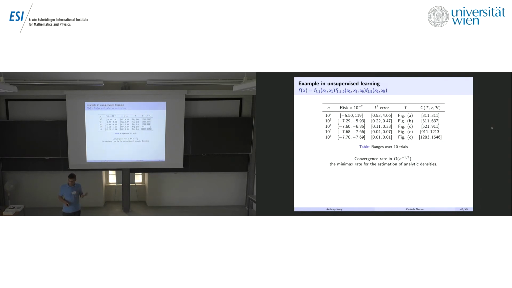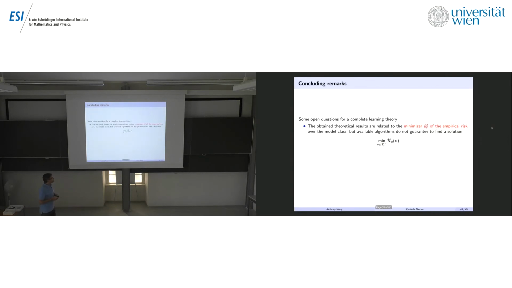No dimension here. And this is in fact the minimax rate for analytic densities. These are results that exist in the literature. So it's quite nice that we use polynomial approximation spaces and we recover the best we can expect in a learning setting with this adaptive algorithm.